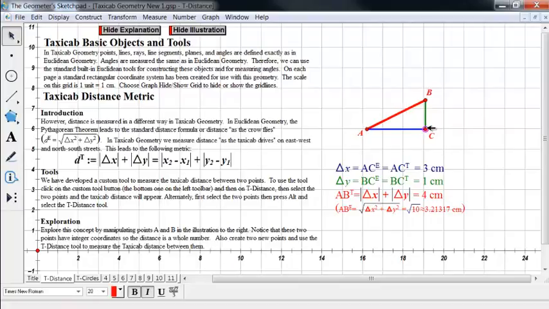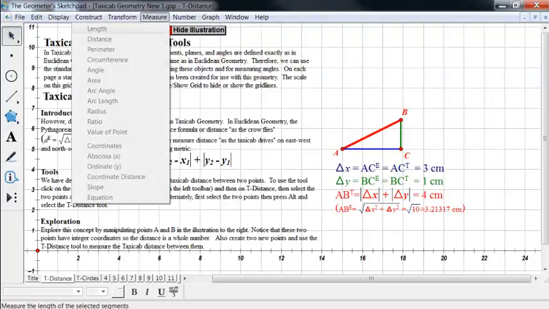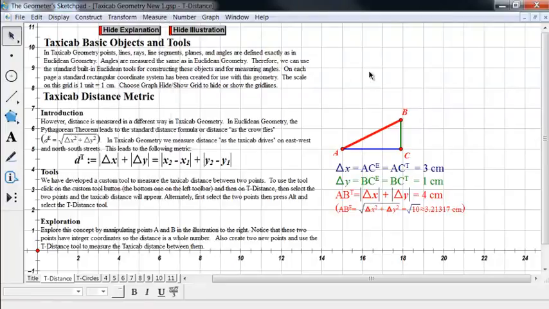Now, one of the things that we want is a tool to measure distance. We have a tool up here for Euclidean distance. One thing I want to warn you about is this. The tool that I've defined here assumes this coordinate grid is there. If you create a coordinate grid, it normally has a control point, which I've hidden, that allows you to change the scale.